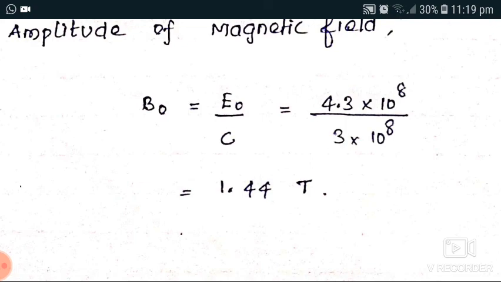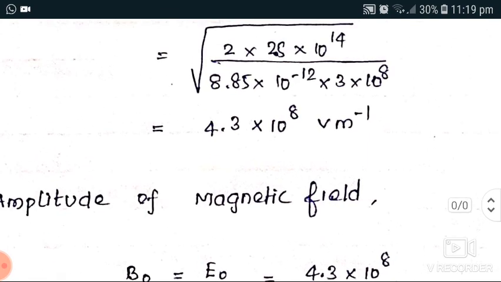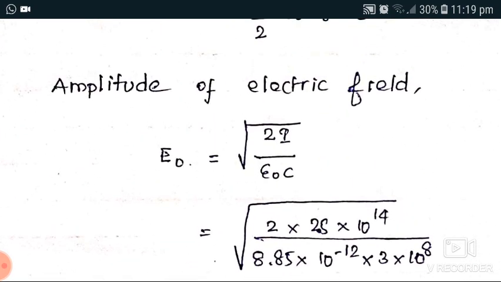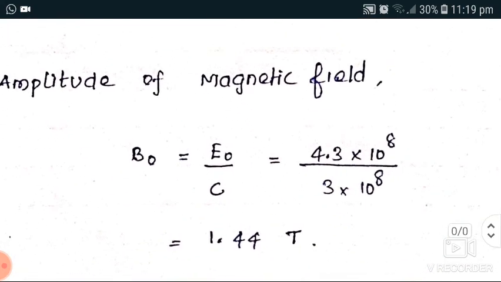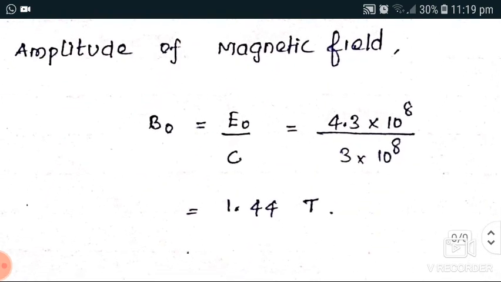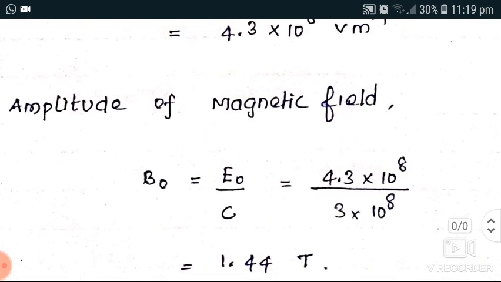We got the final result of 1.44 Tesla. So we can easily find the amplitudes of the electric and magnetic field from this answer. I hope you understand. Thanks very much for watching.